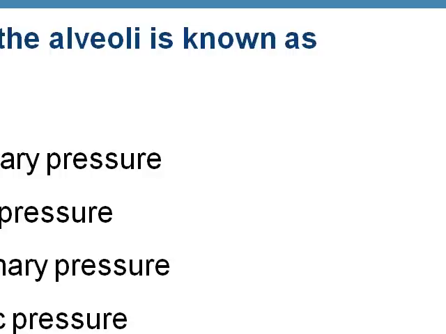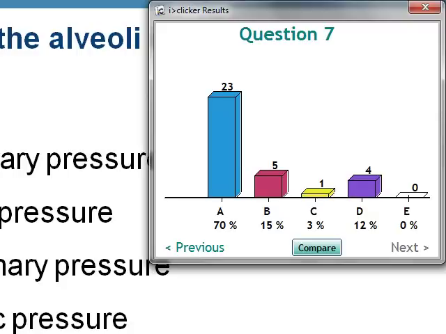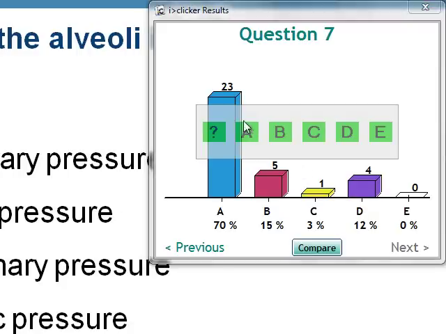Five, 4, 3, 2. Who's 34? Push a button. Did somebody leave? All right. We're down to 33. Well, somebody's batteries ran out, right? What's the answer? A is the answer.